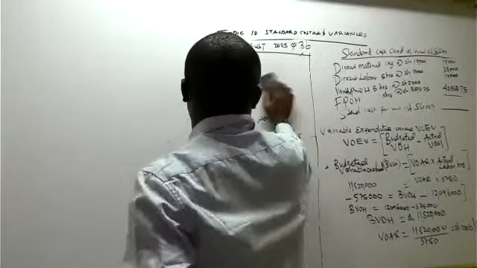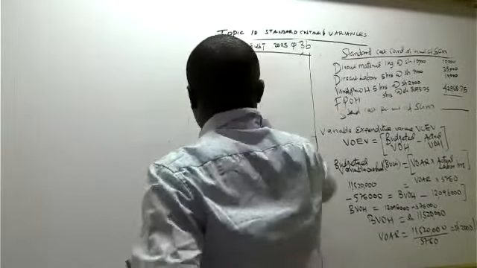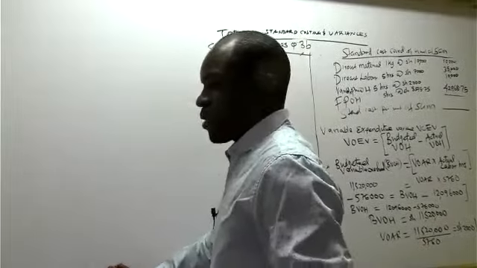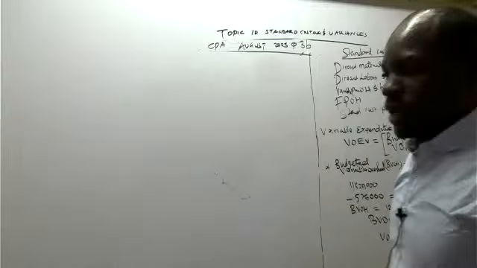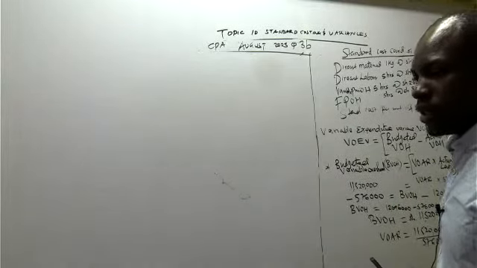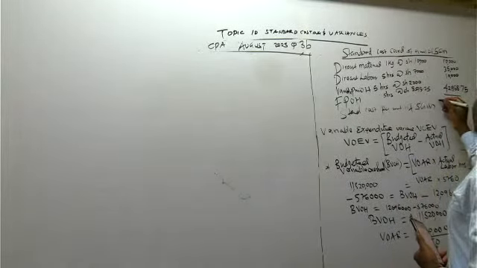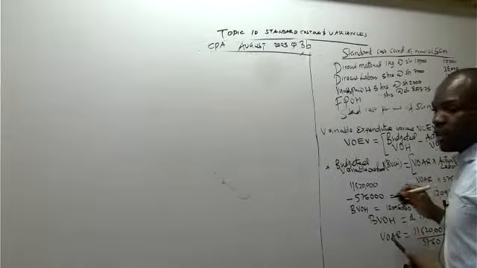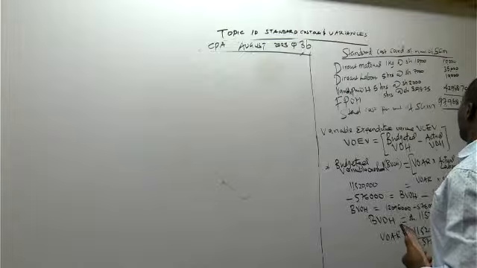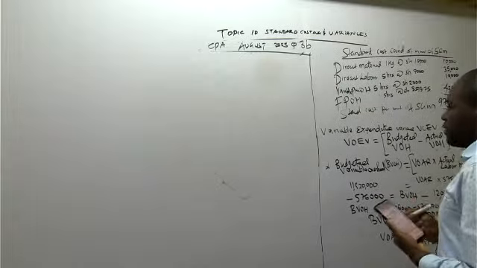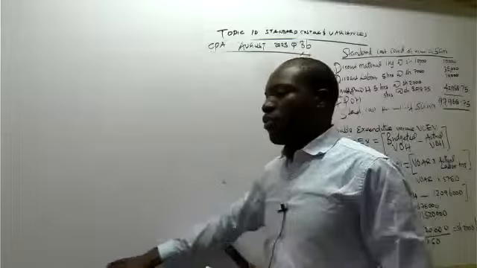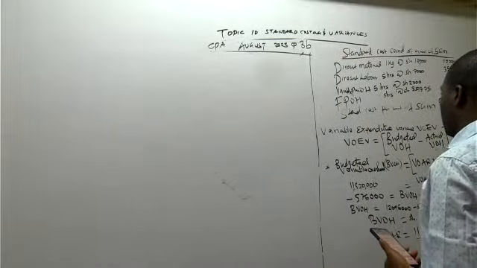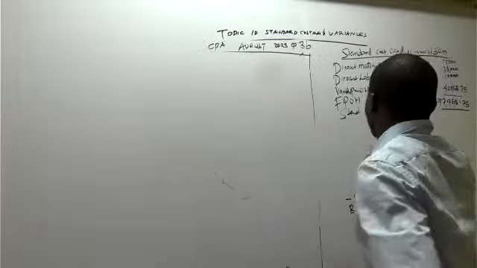We confirm whether what you are having here are really okay or we are doing our own things. Tunapata ngapi? 968.75. So that is the standard cost card of 1 unit of SGM.